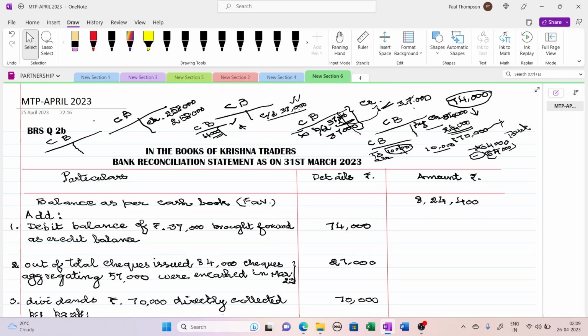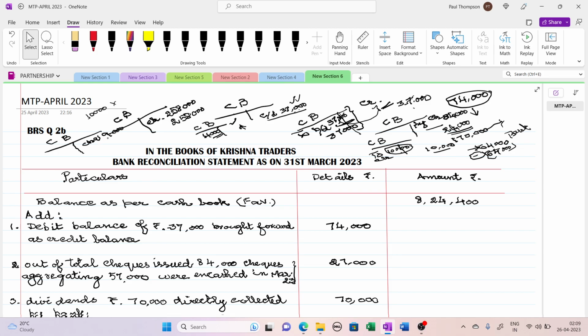For example, I have to make a payment of 10,000 to a customer X. So I asked him, please give me discount. I will make you payment 9,000 in full settlement. So what we do? We will issue a check of 9,000. And this 1,000 will be written in the discount received column.